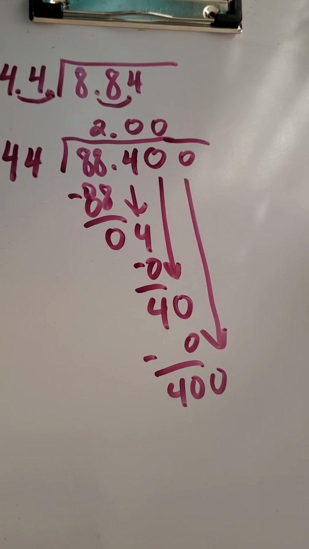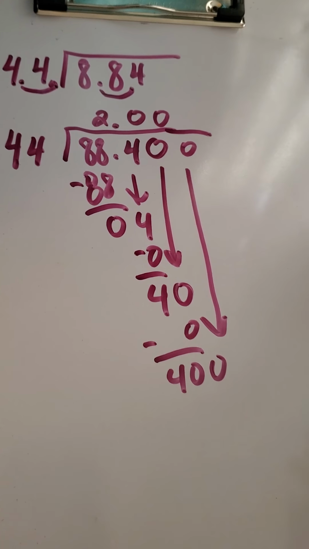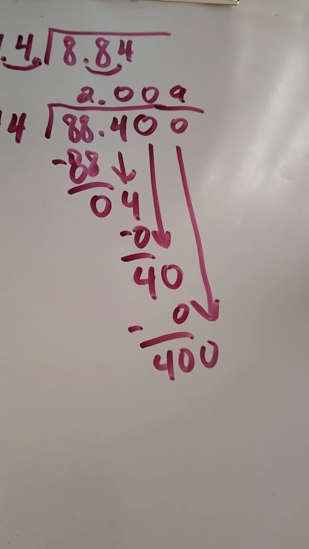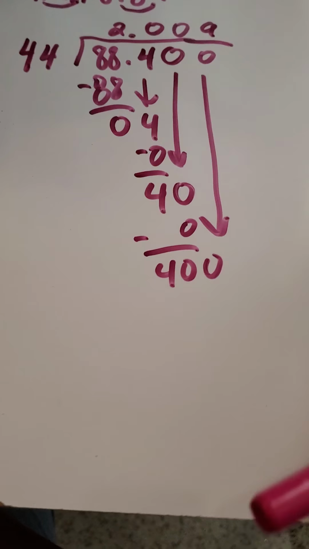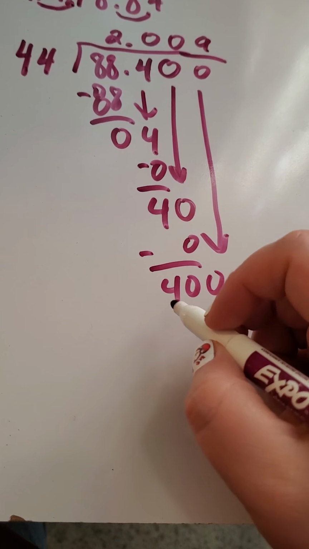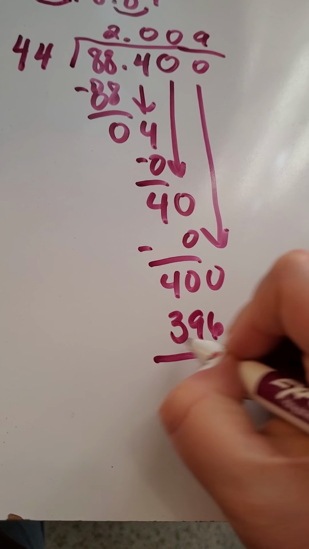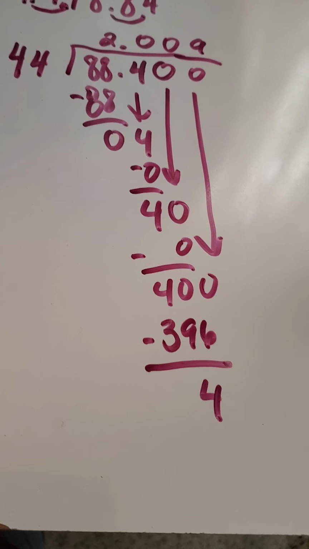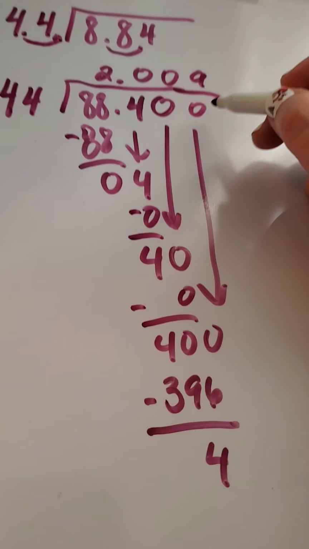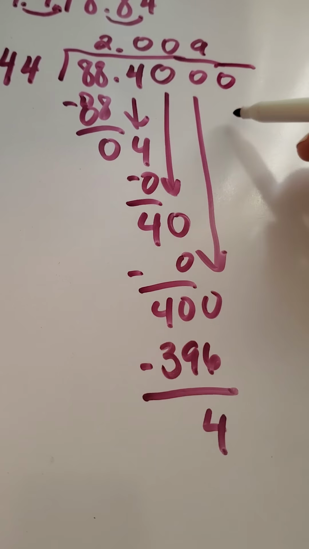All right, so now 44 into 400, that's going to go in 9 times. 44 times 9 is 396. Guess what I have? I have a 4. So let's see if a pattern starts to build.